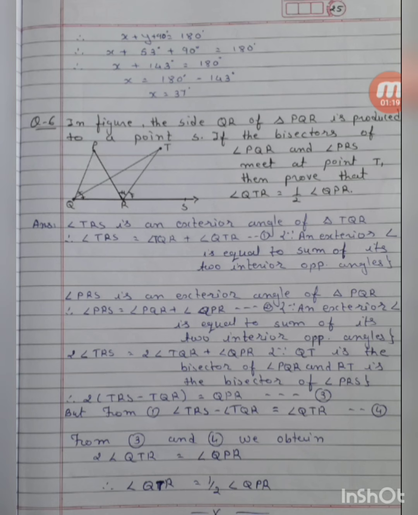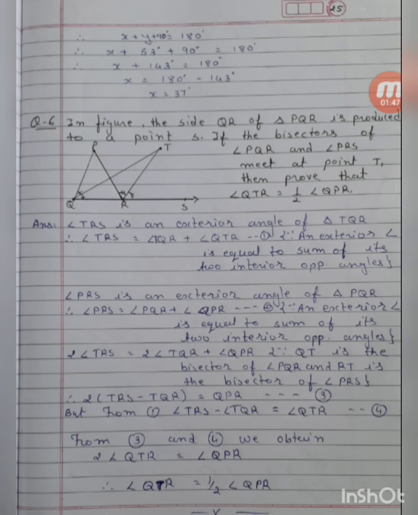Now in question number 6. In the figure, the side of triangle PQR is produced to a point S. If the bisectors of angle PQR and angle PRS meet at a point T, then prove that angle QTR is equal to 1/2 angle QPR.